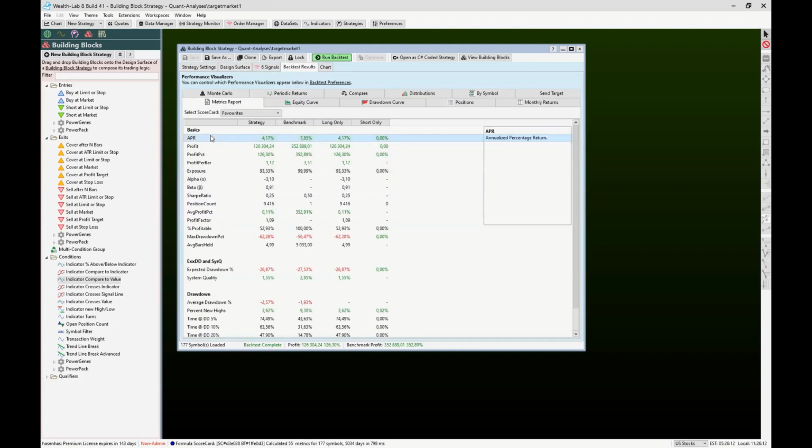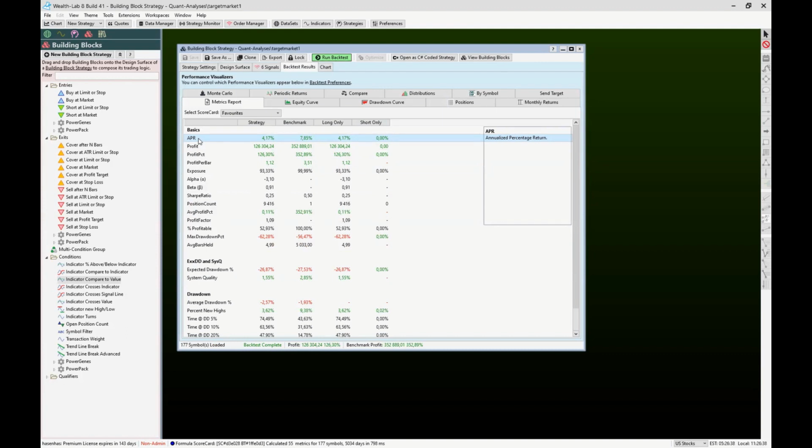And here are our first results. Of course, you have a lot of key figures here, but let's focus for this test only on the first line, annualized percentage return. What we have here is 4.17%.